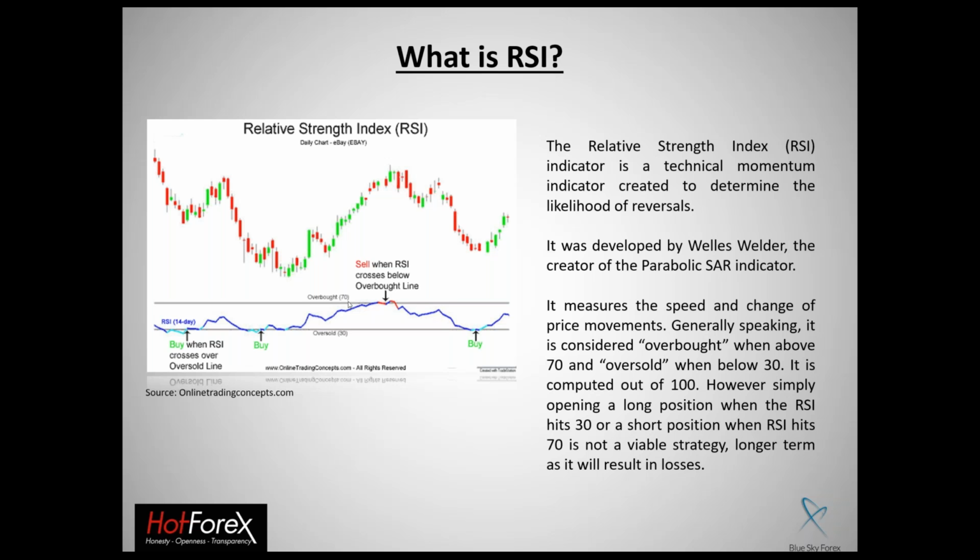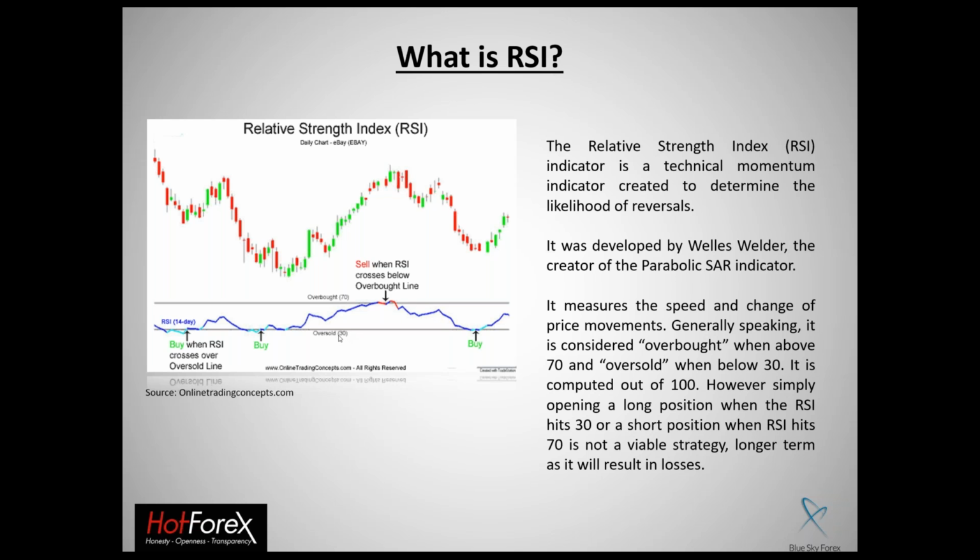So 100 is the maximum and 0 is the minimum. Any number above 70 is considered overbought, and anything below 30, in the other direction, is considered oversold.